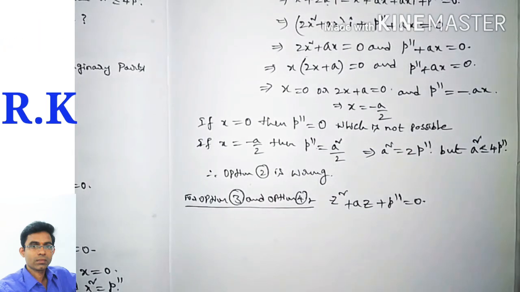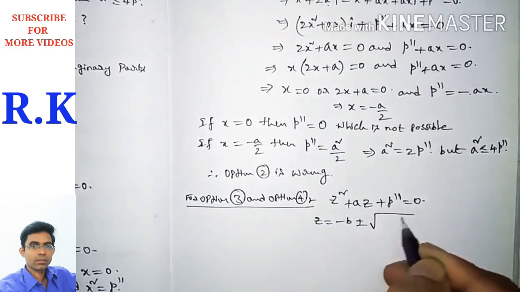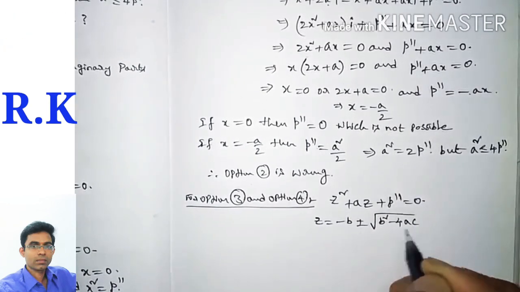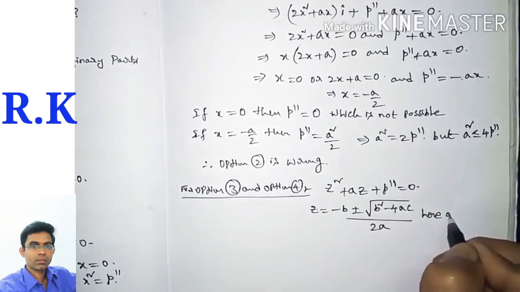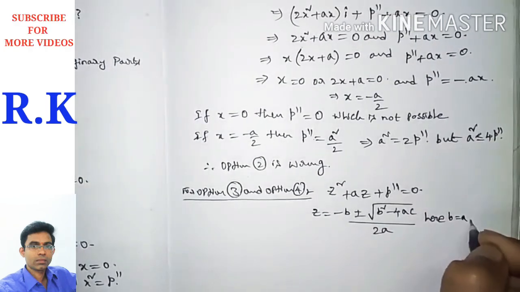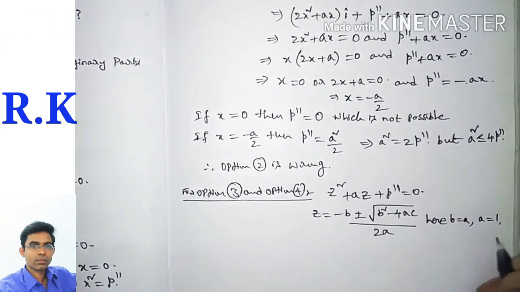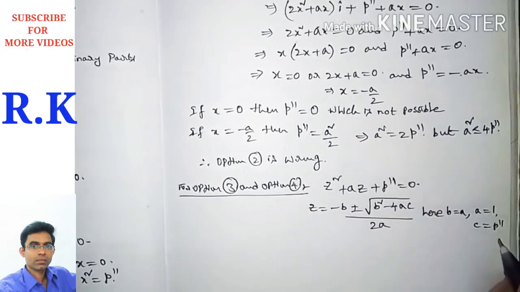For that we have to use the formula z = (-b ± √(b² - 4ac))/2a, and here b is equal to a, a is equal to 1, and c is equal to p^11.